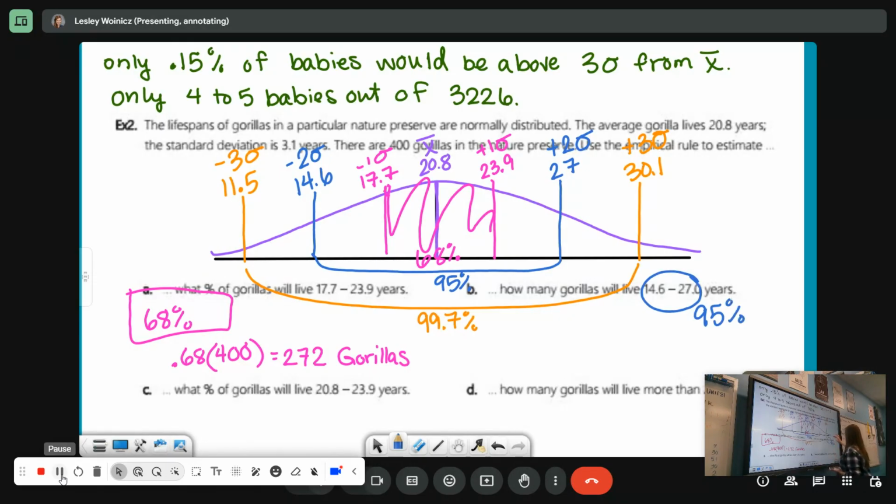This is plus or minus 2 standard deviations. So we're going to do 0.95 times our 400 gorillas, because this time it's not asking us just for the percent, it's asking us how many actual gorillas. We want a number, not a percentage. 0.95 times 400, 380.